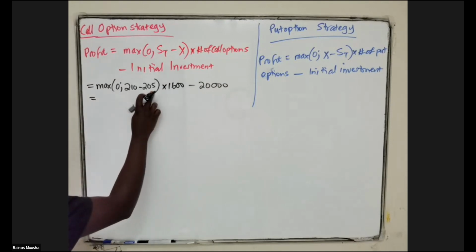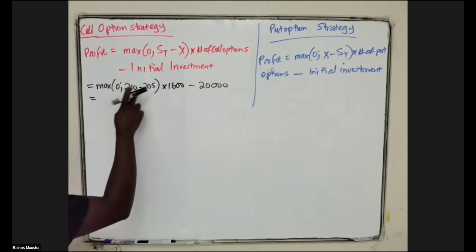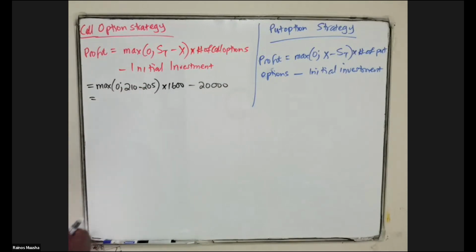210 minus 205. 210 is greater than 205, so it's going to result in us exercising the option. So it's going to be 210 minus 205, that amount multiplied by 1,600, minus 20,000, and how much profit are you going to be able to earn?